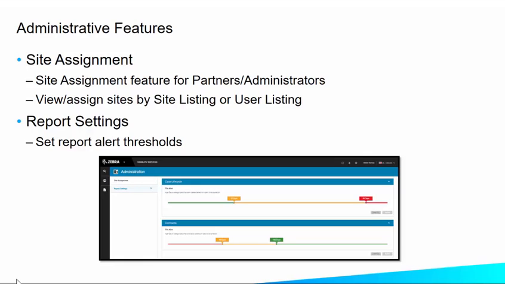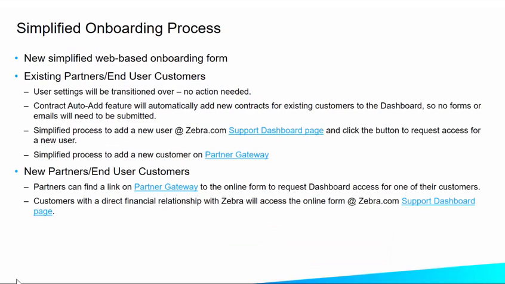Okay, for the best part, how do you get access to this tool? We've simplified that process. We have a new web-based onboarding form that's super simple to fill out.